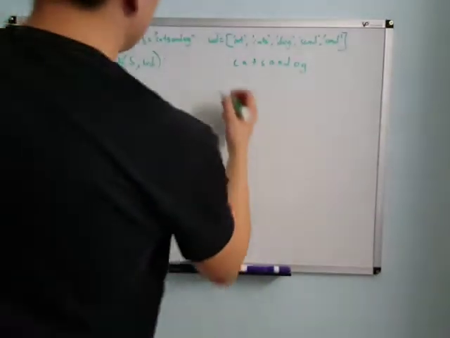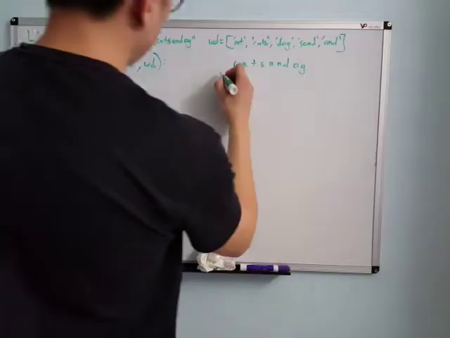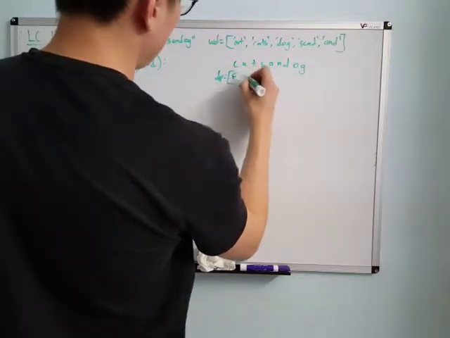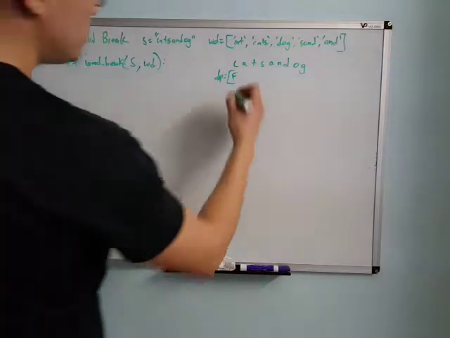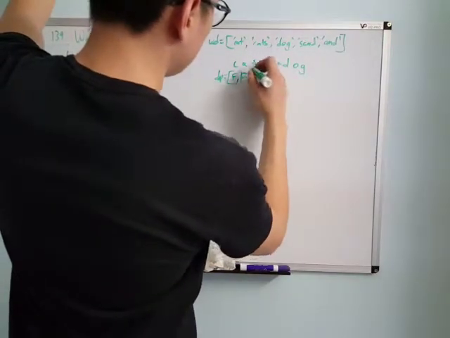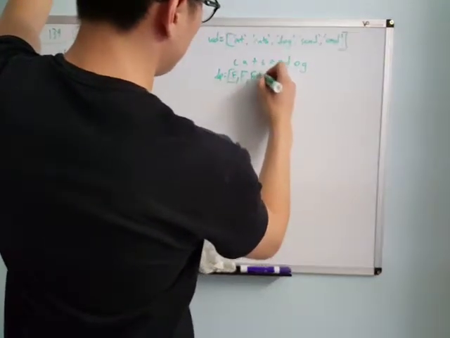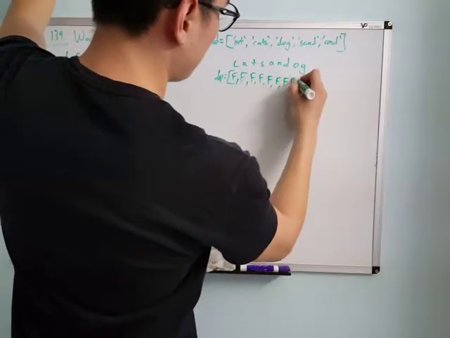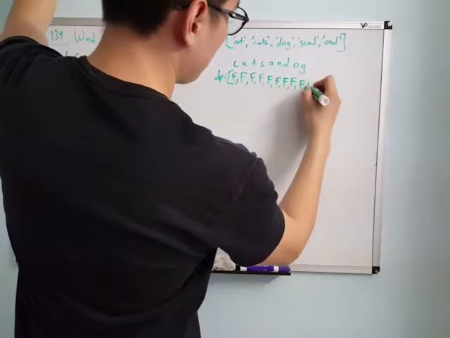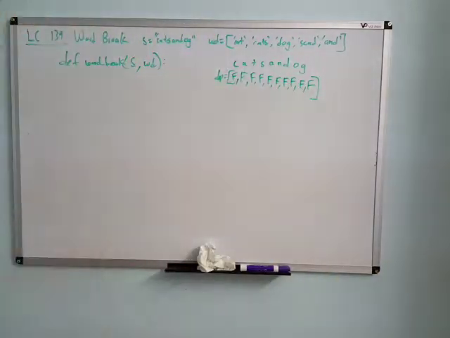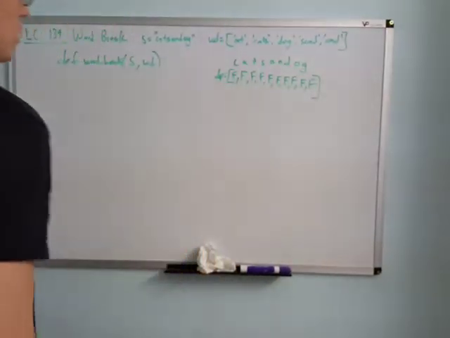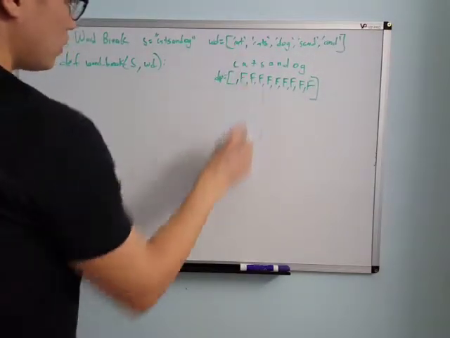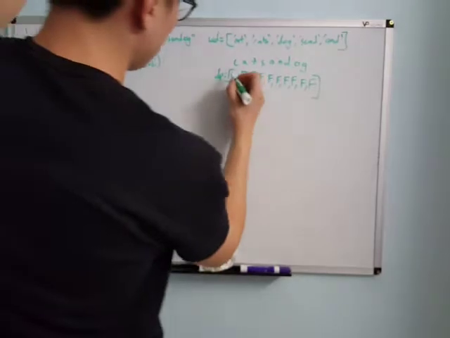So we're going to create a new array with Boolean values. Let's say F for false, and it's going to be equal to the length of this string plus 1. And we are going to initially set the first index to true.